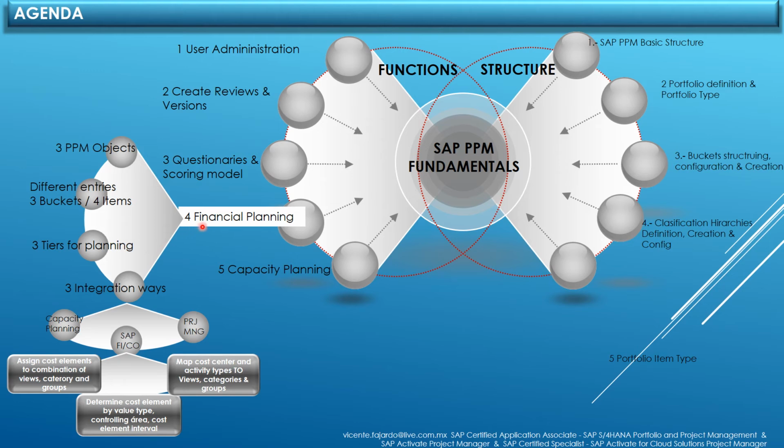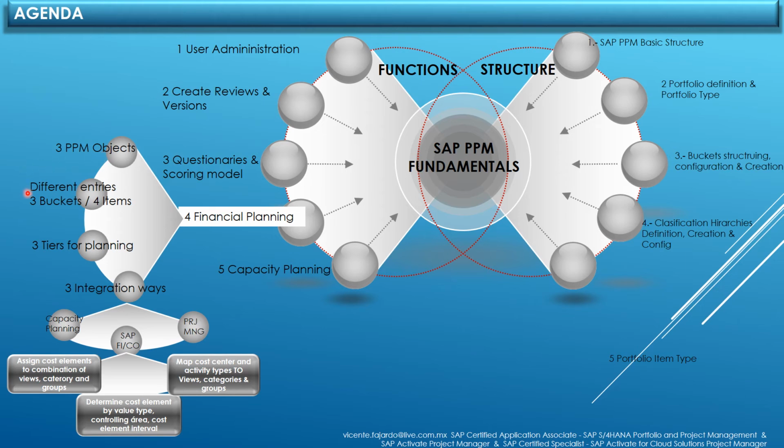Financial and capacity planning are the longest lessons regarding functions in portfolio management. In the next slide, we will see that financial planning is done for three different portfolio objects.